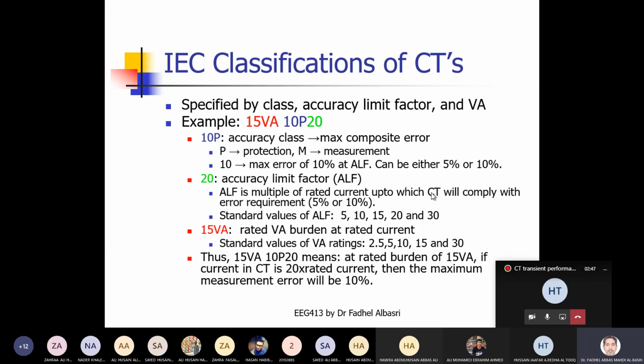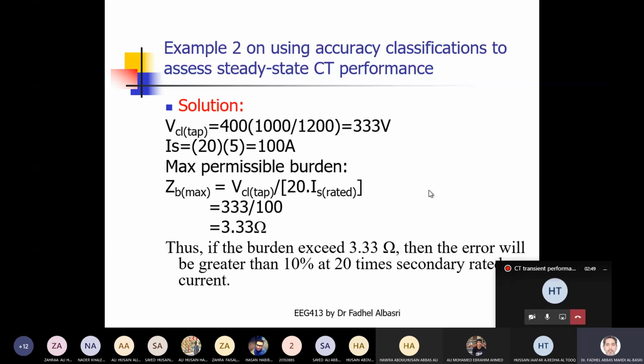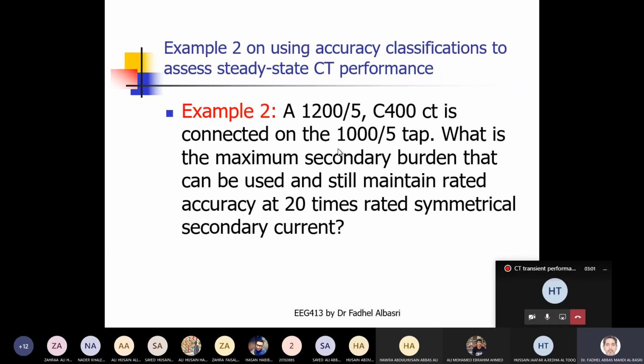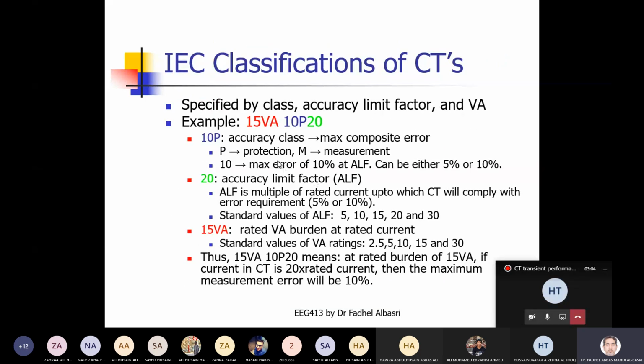In the previous class, I covered how you select or check the CT class according to IEC IEEE standard. Today, inshallah, I will try to show you how we select CT based on their IEC classification, and I'll give you some examples also.